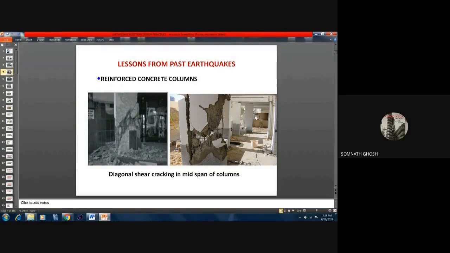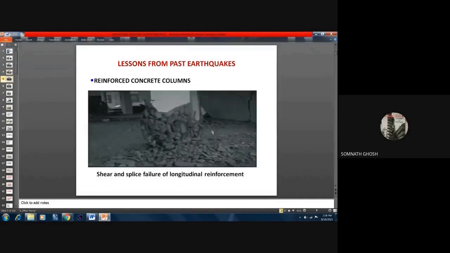But this is also a kind of diagonal shear cracking. This is, you see, the shear and splice failure of longitudinal reinforcement.